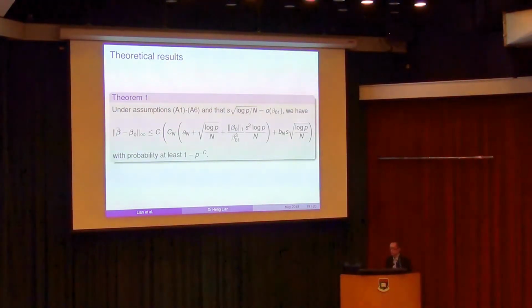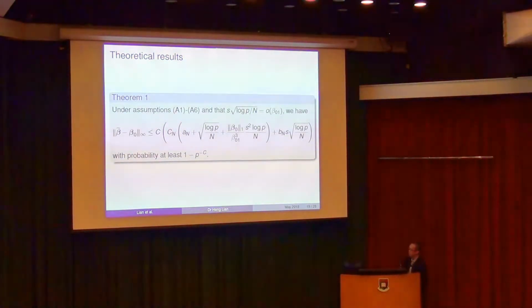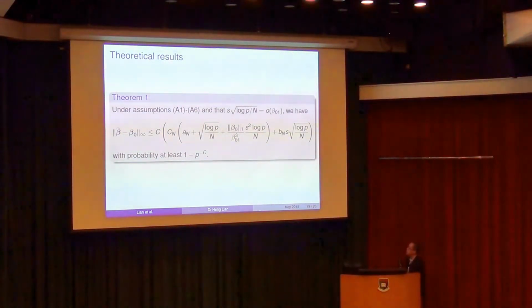Okay, the main result is here, which says that after you debias the beta hat, you get beta tilde. So the error in terms of infinity norm of this vector is actually this enormous guy, which actually the main term is just something in the middle, square root of log p over n.